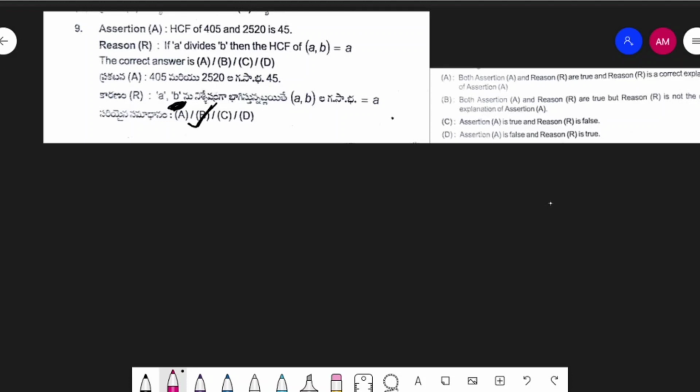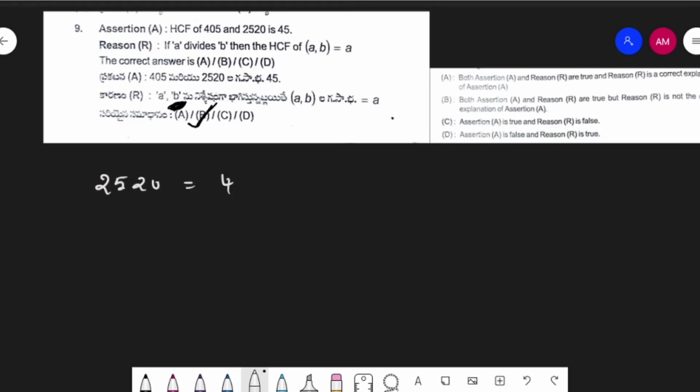Next, let us move to the 9th problem, assertion and reasoning. We have to solve these problems depending upon the given choices A, B, C, D. The assertion states the HCF of 405 and 2520 is 45. So how can we write 2520?